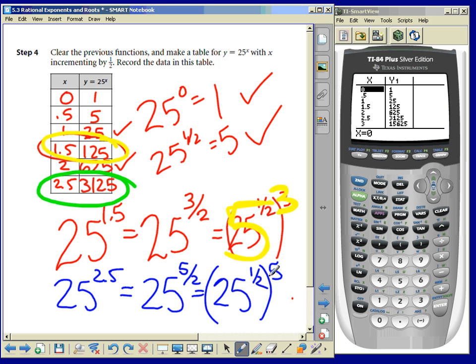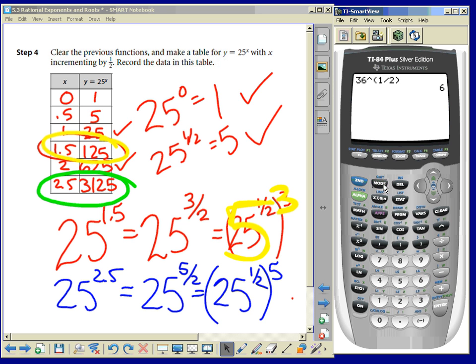Well, let's see what happens when we go to our calculator here and take 25 to the 1/2 power, and then take that answer to the 5th. So it looks like the denominator 2 has you do the root. So we do the square root of 25 and get 5, and then the numerator becomes the power that you raise that to, and you get 3125, which is the answer.